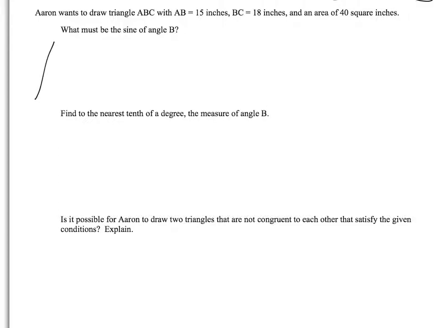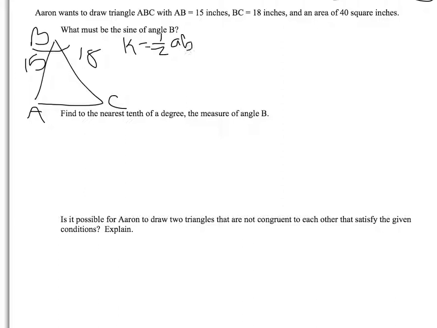So, we have triangle ABC. AB is 15, BC is 18, and the area is 40. We want to find the sine of angle B. So we know our area formula is 1/2 two sides sine of the included angle.